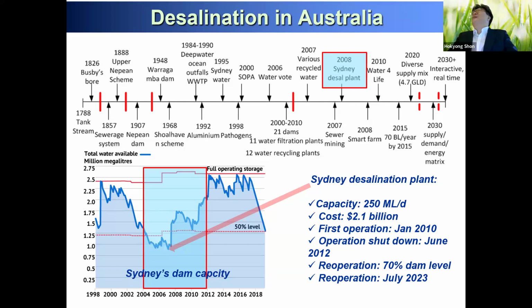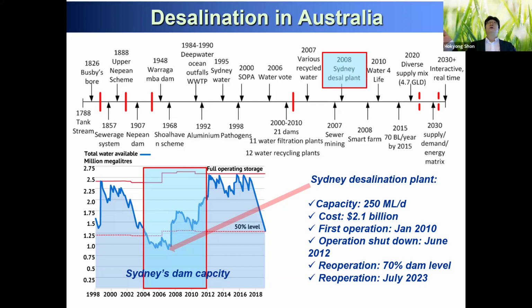But the pandemic was more serious than the drought. Most people didn't really care about the drought season. In fact, drought and pandemic happened together. And we started to operate the desalination plant during the pandemic period.